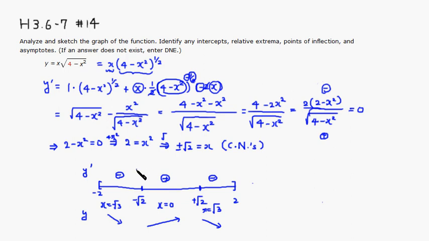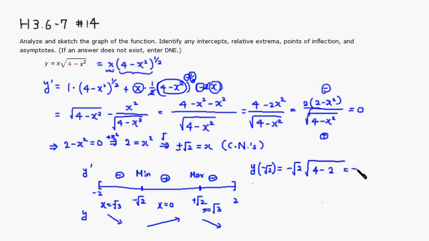So you're going to have a minimum at negative square root of 2, and local max at positive square root of 2, right? So let's find those values. So y at the negative square root of 2 would be, right, you have x, so it's a negative square root of 2, square root of 4 minus, right, negative square root of 2 squared would be just 2.